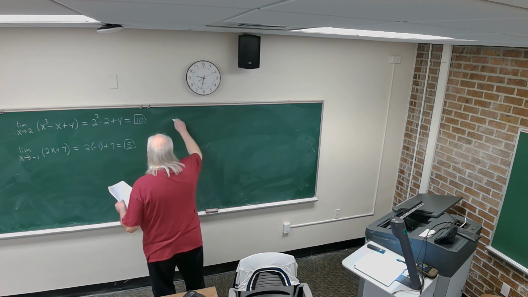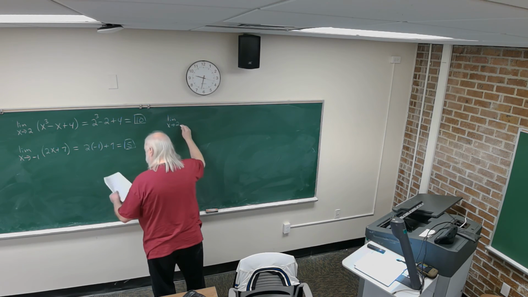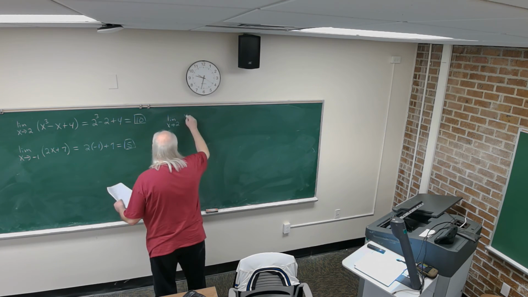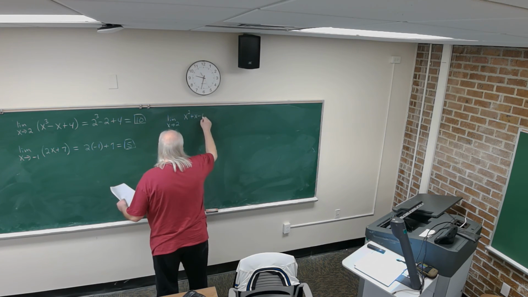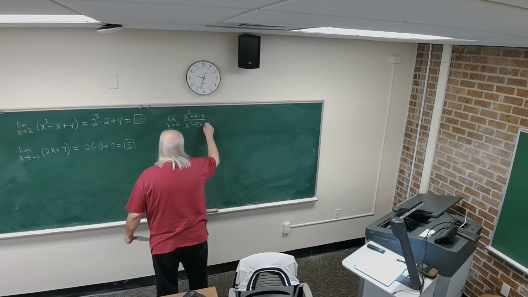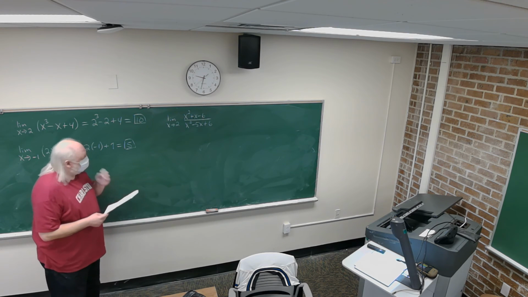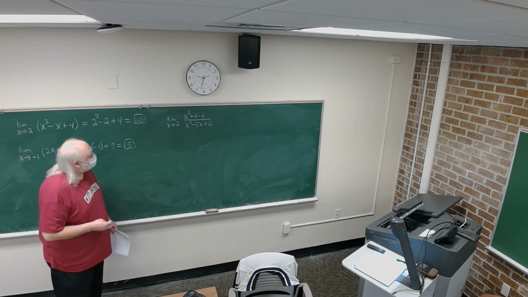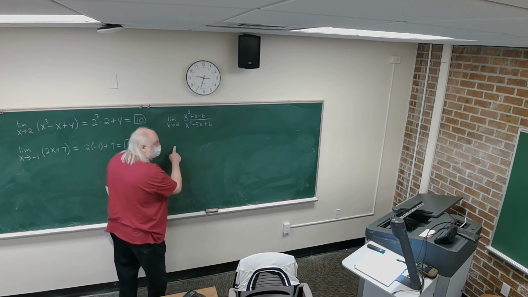So in the next example, we have the rational function x squared plus x minus 6 over x squared minus 5x plus 6. Now, first step, do direct substitution. So I'm going to do it down below here.